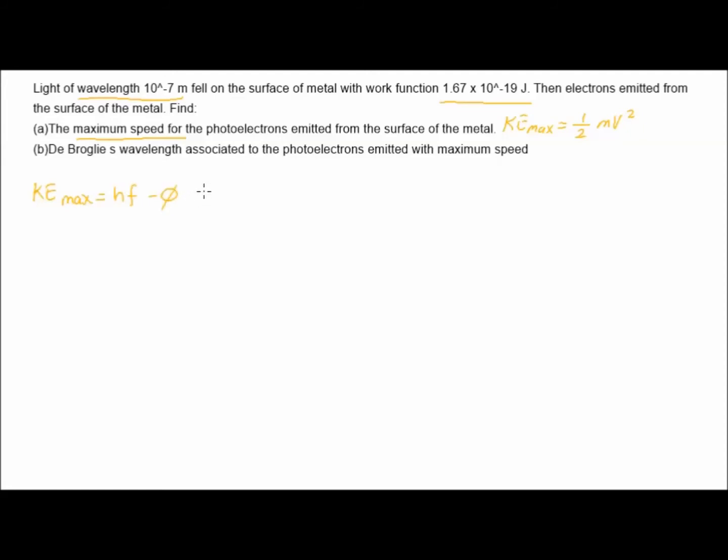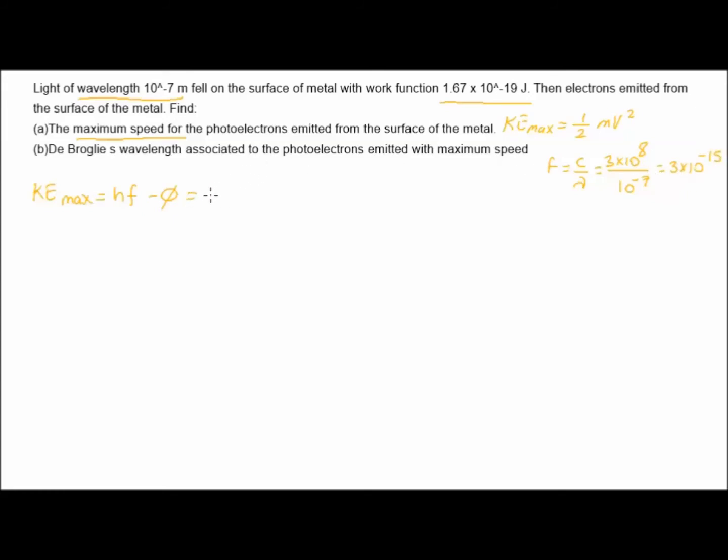So we have to calculate f, and f equals c over lambda, 3 times 10 to 8 over 10 to minus 7. It's going to be 3 times 10 to minus 15 hertz.